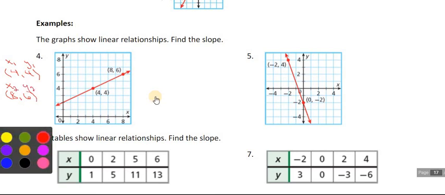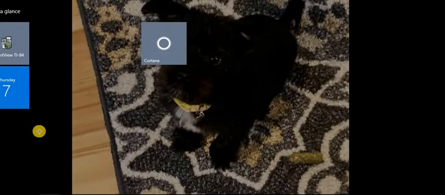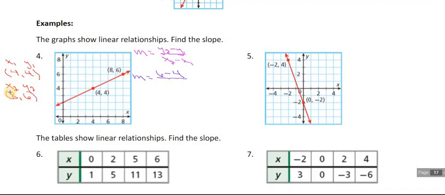So now my slope formula is m equals y2 minus y1 over x2 minus x1. So using that formula, my m is equal to y2 is 6 minus y1 is 4 over x2 is 8 minus x1 is 4.